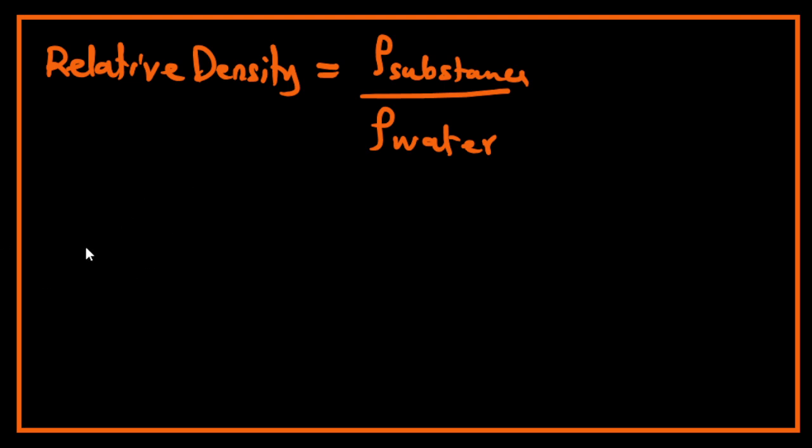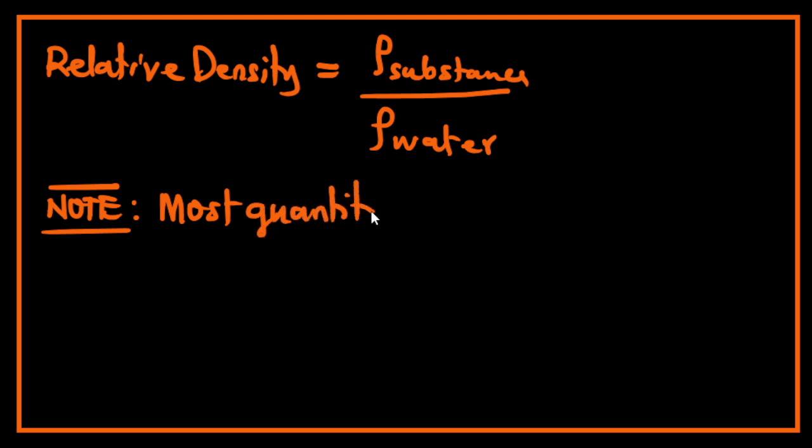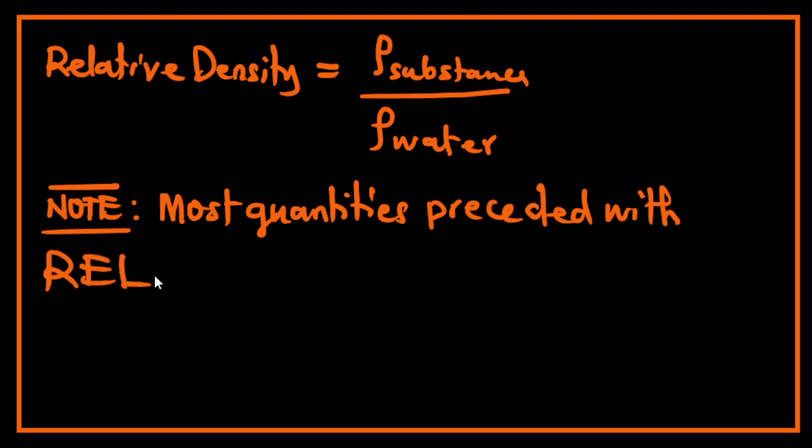Relative humidity has no unit. But when you see things like relative velocity, relative acceleration, relative displacement, all those ones have unit too. So let me just note it here. Note: most quantities preceded with relative do not have unit.